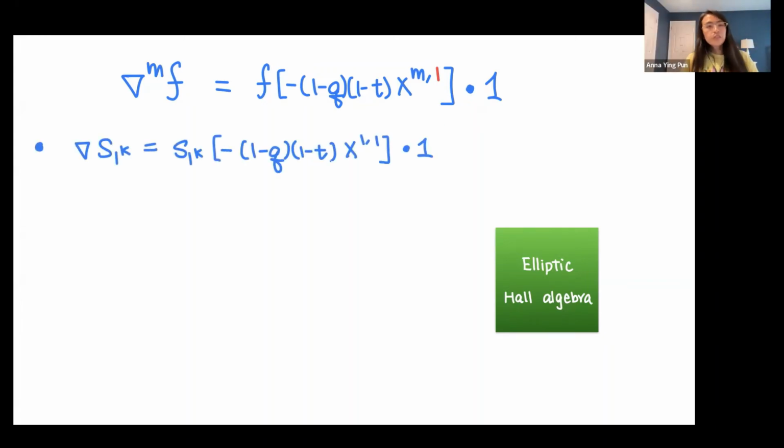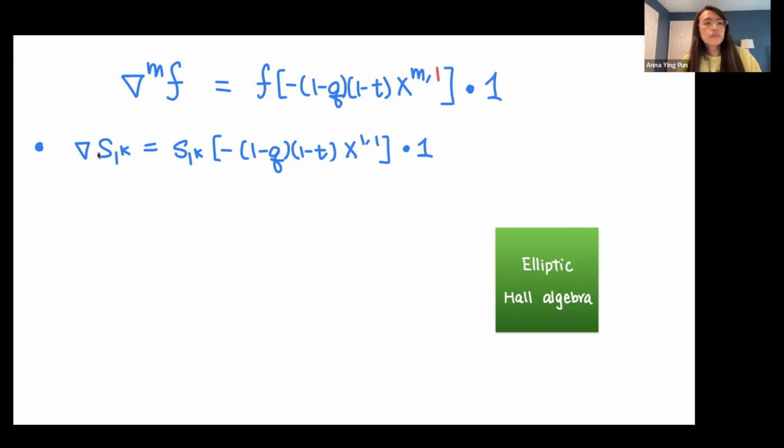To give you an idea, we have been talking about the shuffle theorem, which is nabla acting on e1, right? That just means that my m is 1, and then my f is this Schur function. I put f as a Schur function, and my m becomes 1. So now I have another version.